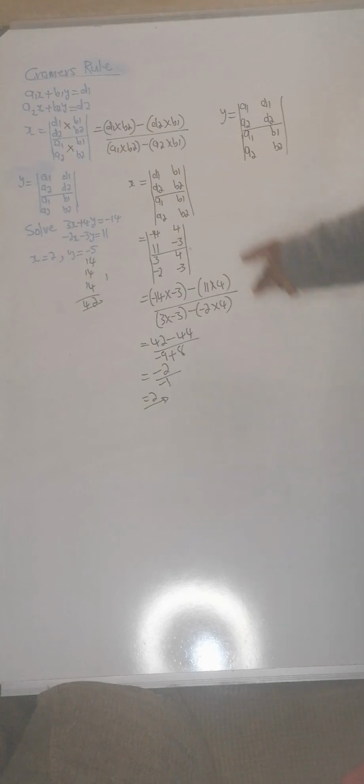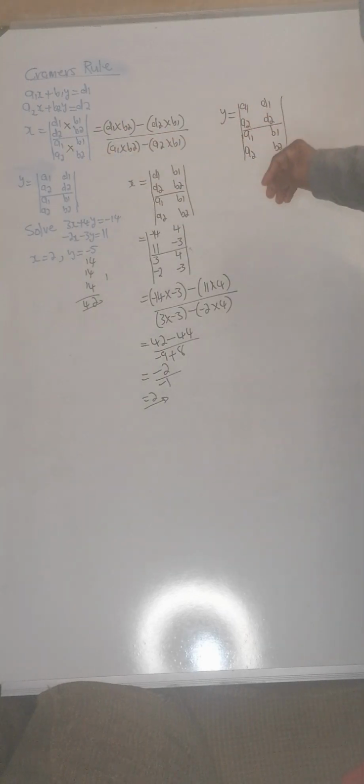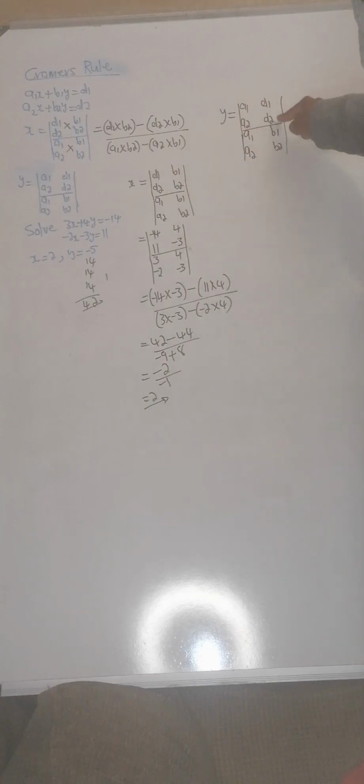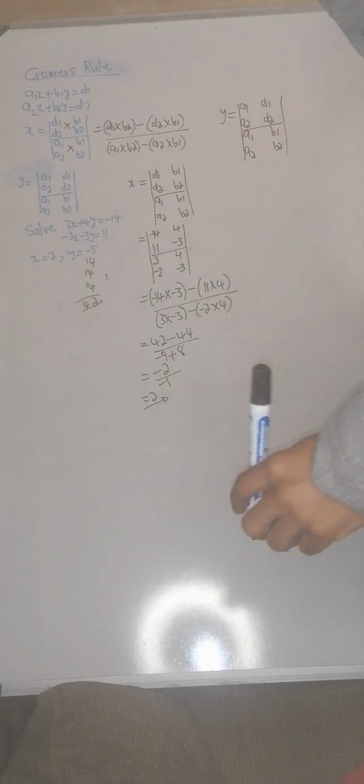And I want you to notice the difference between the two. We had d1 d2 when we're finding x. Now that we are finding y, it's a1 a2 in the numerator, and it's d1 d2 in the numerator for x and in the denominator the same for both. Do you see the difference between the two?